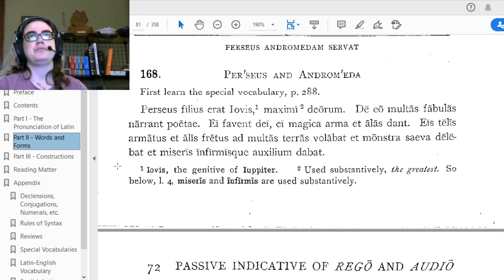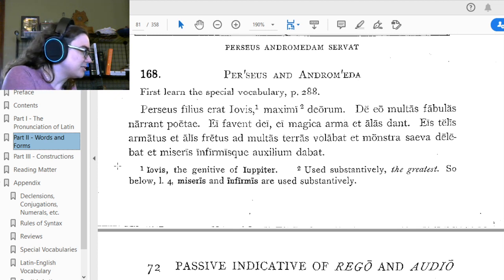All right. Eis telis armatus et alis fretus ad multas terras volabat. So he was flying around, volabat. So we're in the imperfect again. He used to fly around armed with these weapons, and I actually don't remember what fretus is. Bridled?